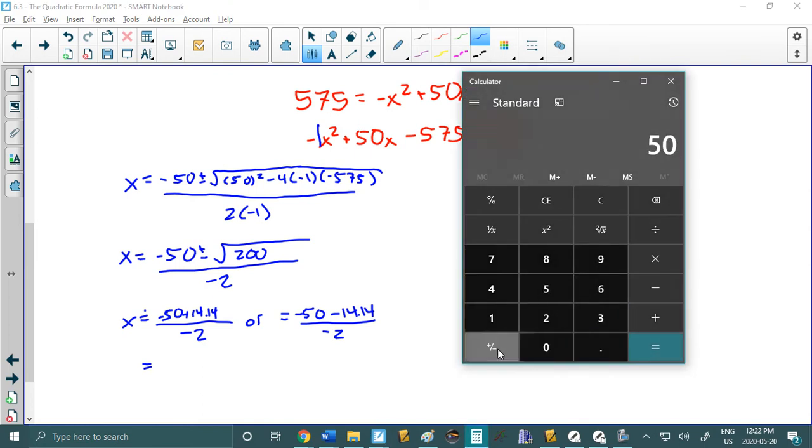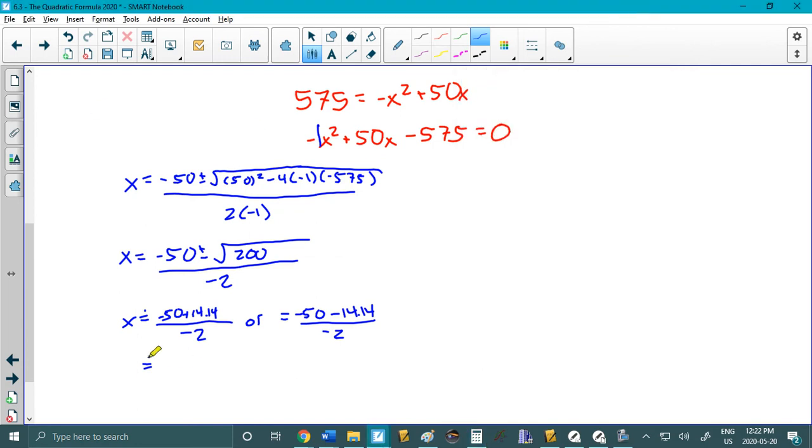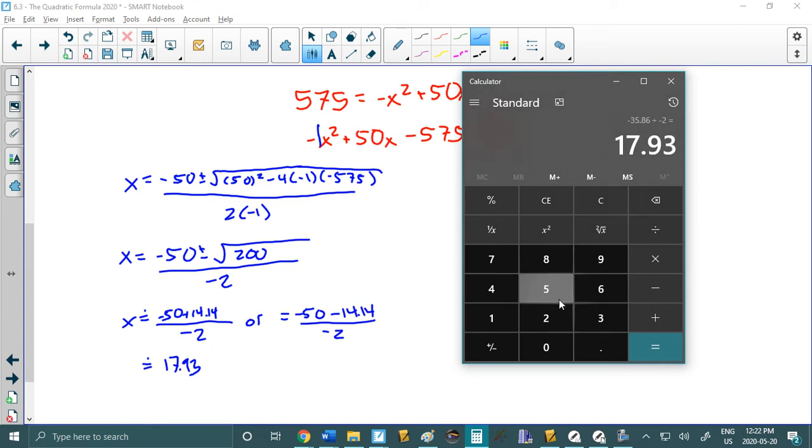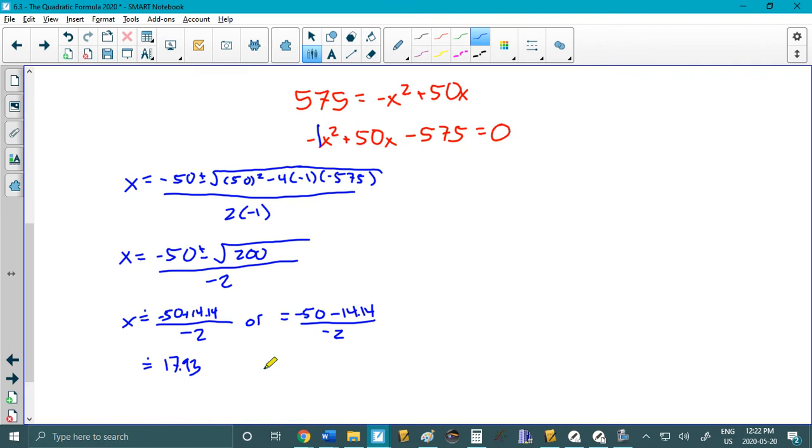So negative 50 plus 14.14 is negative 35.86 divided by negative 2 is about 17.93. Or negative 50 minus 14.14 divided by negative 2 is 32.07, or equal to approximately 32.07.